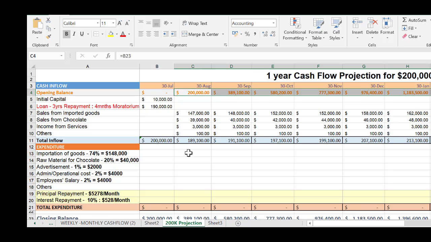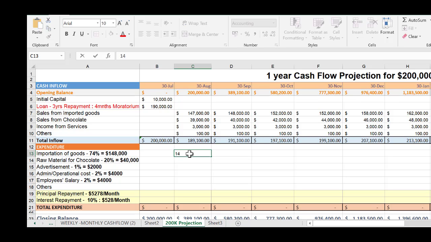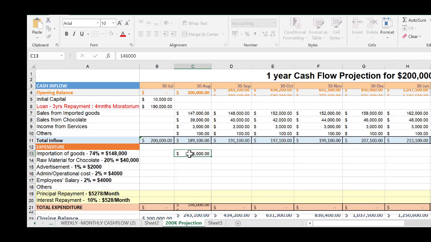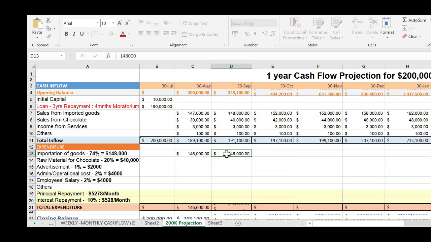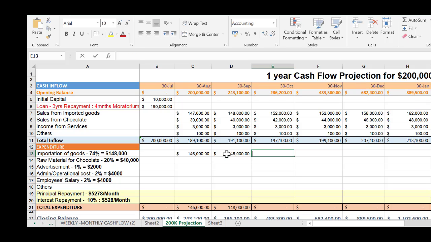All right, so here I have $148,000 to spend. So on the first month, probably I spent $146,000. All right, then second month, $148,000, $150,000, $152,000.